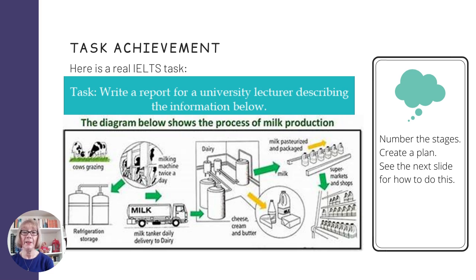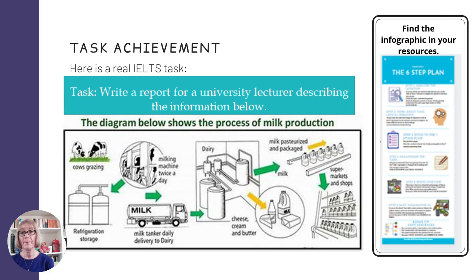You should have an introduction. And again, that's something that I spend much more time on in the paid course. But your introduction is a paraphrase of the process, really, with an element of an overview, and then you should write 2 body paragraphs. So that is what you would be writing in your plan. And on the next slide, you will see I've given you some help with that.